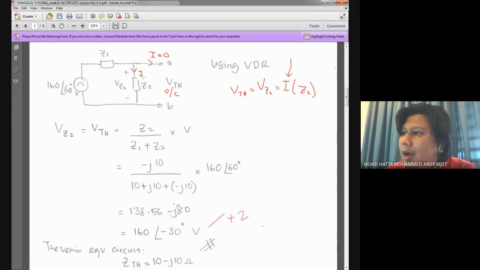And I is basically the current that you've seen over here, the same current flowing through this element. And to get the value of I, it should be calculated using V divided by Z1 plus Z2.